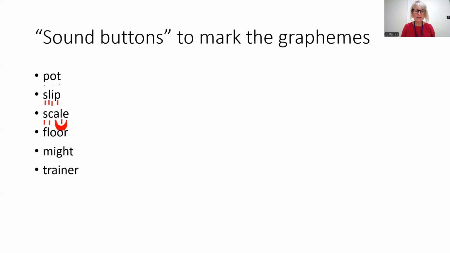And then we've got O in there as well. S, A, O, scale. In this word, we've got L, and then three letters here that make the or sound. Or, floor.